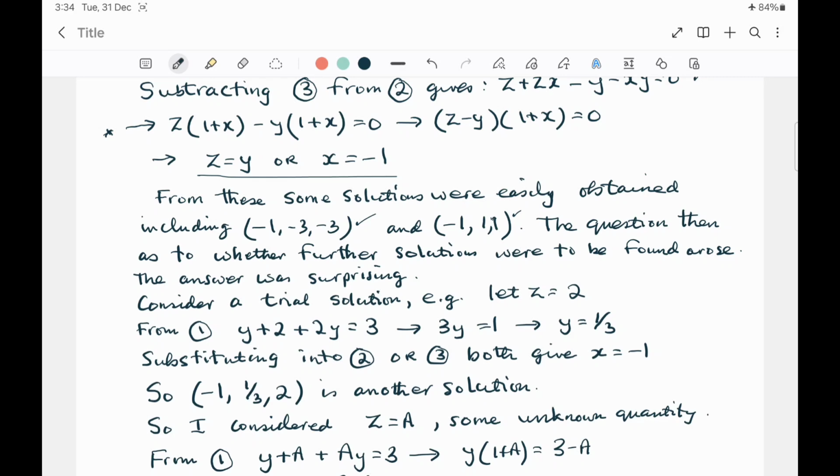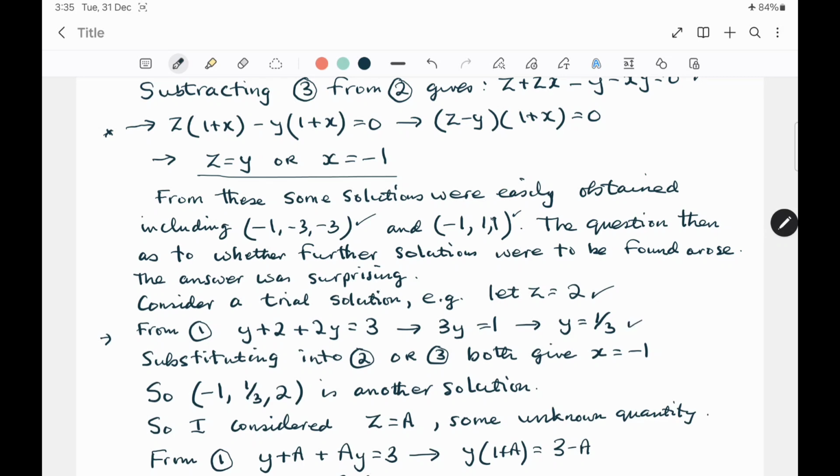So I considered a trial solution, for example, let z equal 2. No reason for choosing 2, it's just a nice small number. Substituting that into equation 1, we get y plus 2y is 3, which leads to 3y equals 1, and y equal to 1/3.